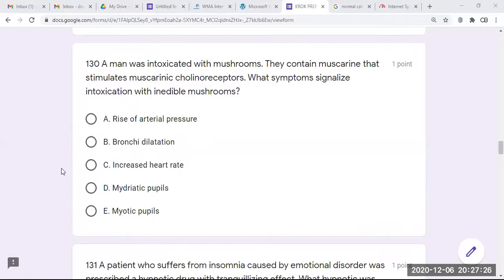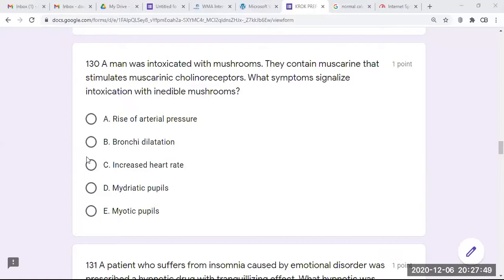Okay, so they said the mushroom contains what? Muscarine, right? That muscarine, is it in the parasympathetic that we have muscarinic receptors? Right?